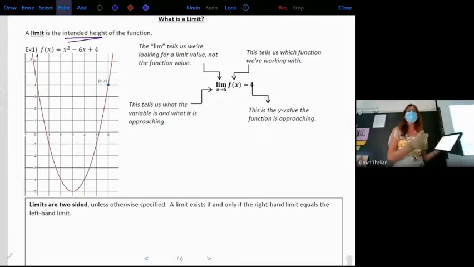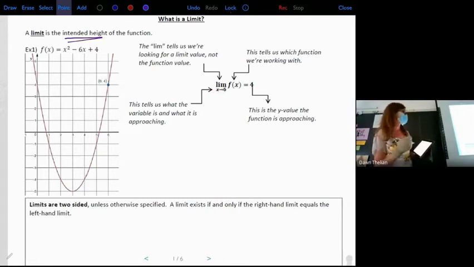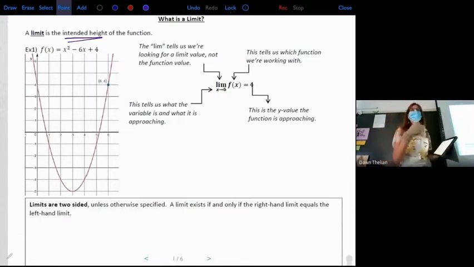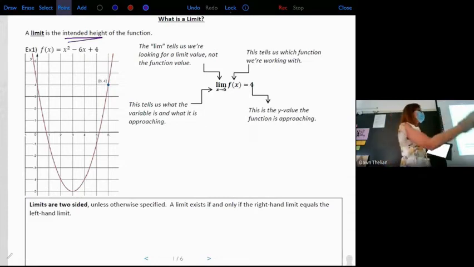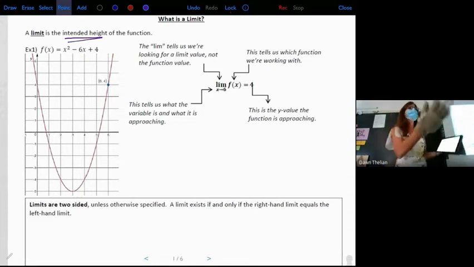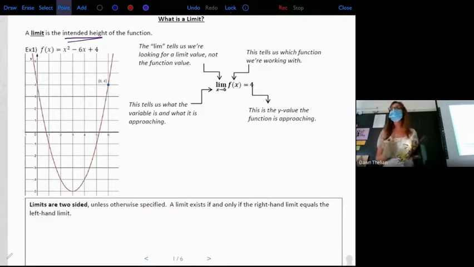What are you approaching as you approach this x value, which comes up below as x approaches 6? That tells us what value we're approaching. Then in here tells you which function we're looking at. It could use a function name, like this one saying f of x, or it could put something in there. If it puts x squared in there, you can say that you're approaching that value.